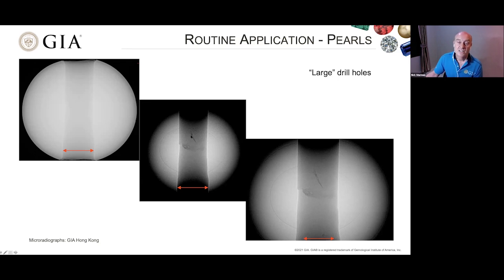And the structure is fairly typical, but one feature that you often see in non-bead cultured pearls or bead cultured pearls is the fact that the drill holes are larger than you would expect to see in a lot of natural pearls, because they're trying to retain the weight in natural pearls, obviously to sell for a higher price, because the more pearl you lose, the less money you will get eventually.